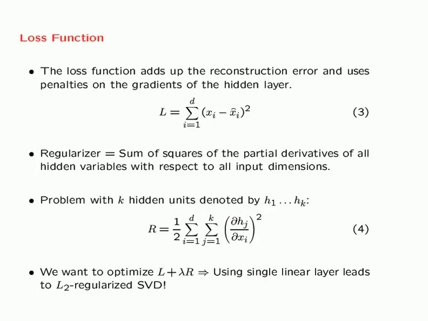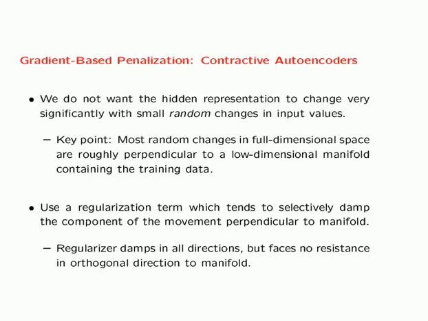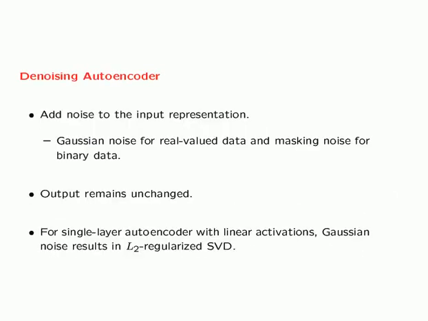Now when you perform this, you want to optimize L plus lambda R, where lambda is your regularization parameter. And one of the interesting results that you can show is that if you use a single linear layer, it leads to L2 regularized SVD. Now this is similar to the denoising autoencoder. Note that a few slides back, I showed that if you had a single layer autoencoder with linear activations and adding Gaussian noise to the input results in L2 regularized SVD.